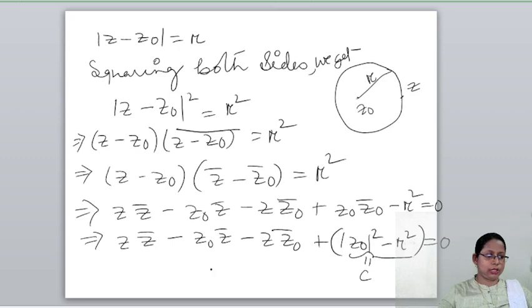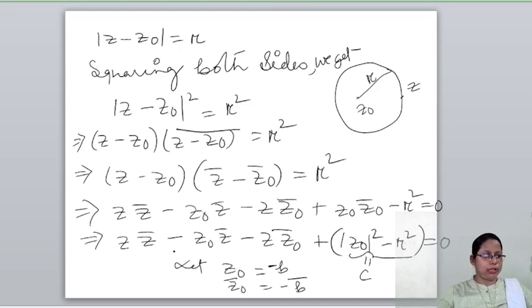Then in the next step, we take z naught equal to minus b, then z naught conjugate is equal to minus b conjugate, so that in this equation, in place of minus z naught I can put b.